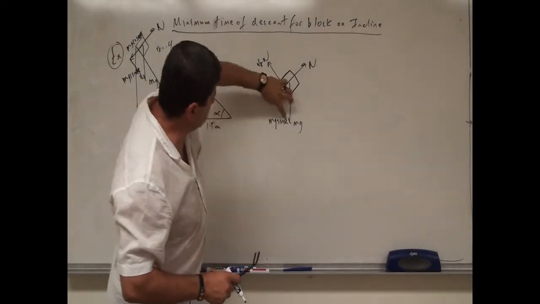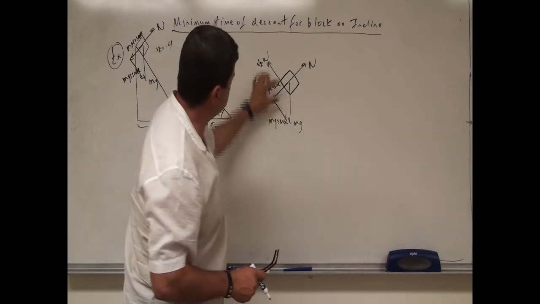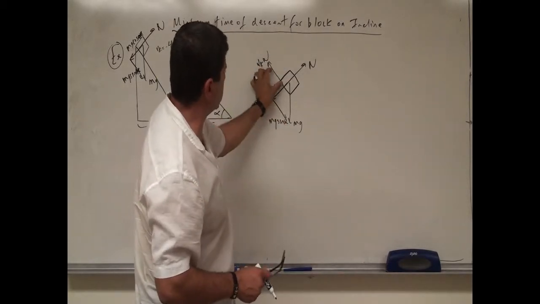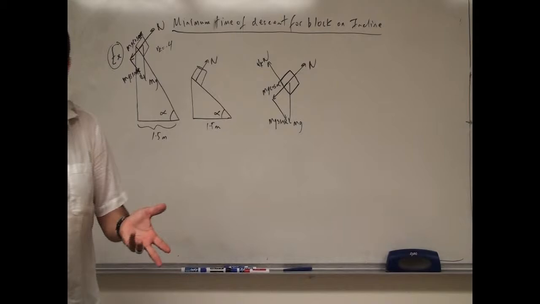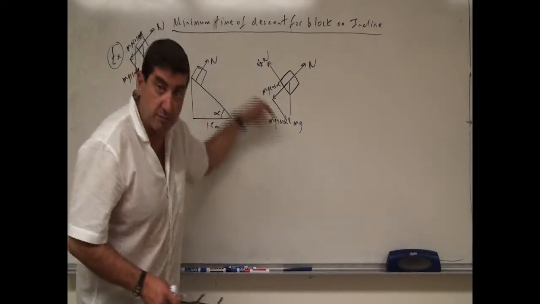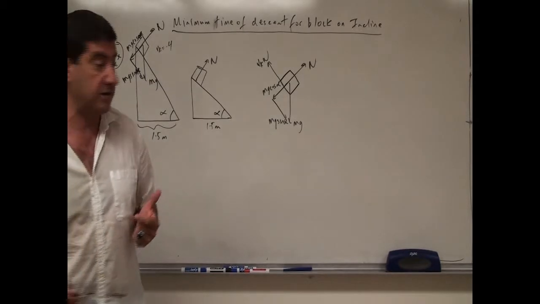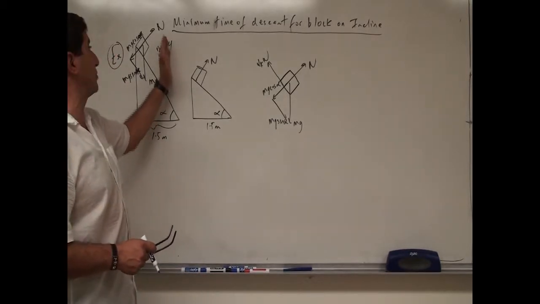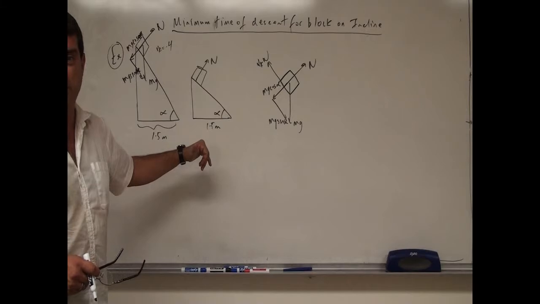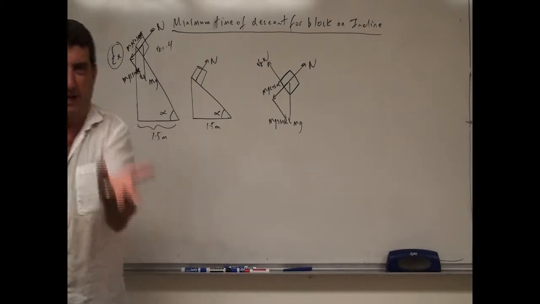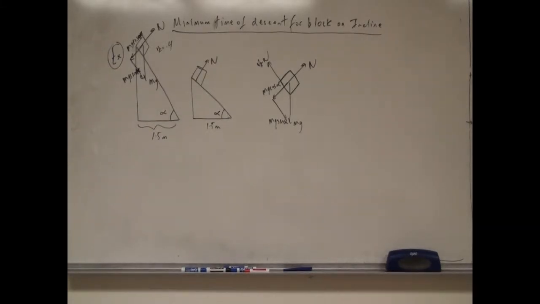Because if it's large, this component gets larger, this component gets smaller, and the friction gets smaller. And if there's less friction and there's more downward component of the weight pushing the block down, the block should get there quicker. But you don't want the angle to be too large, because then the distance will get too large, right? So there's a competing factor going on here.